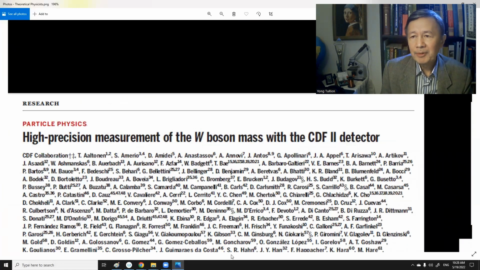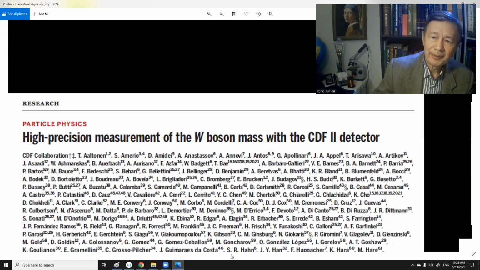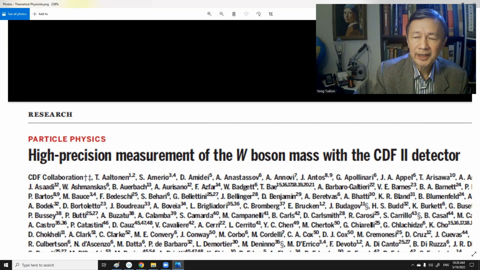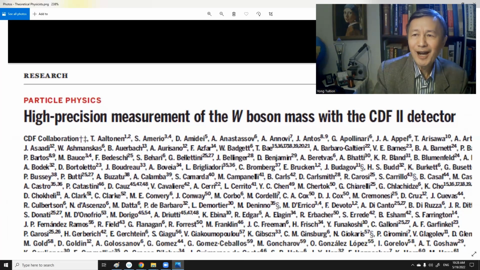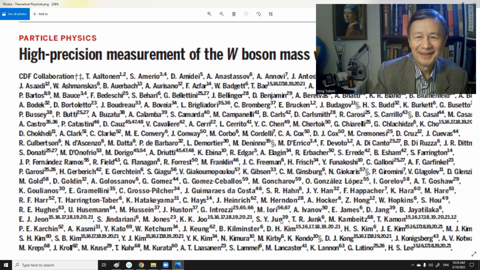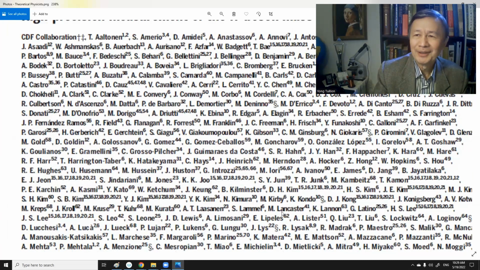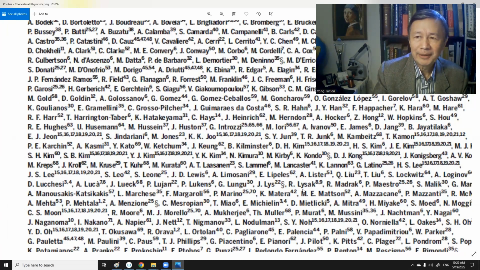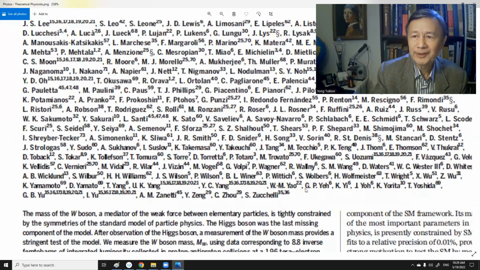Well, the answer can be found from the latest paper published by Fermilab together with their collaborators, involving hundreds of authors. I have no time to go through them one by one, but I will just mention the reference used.